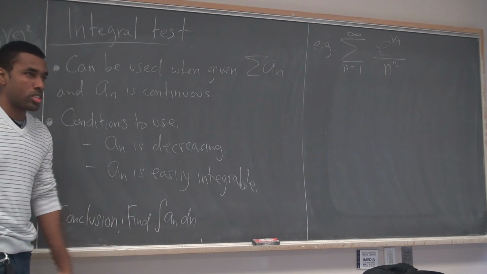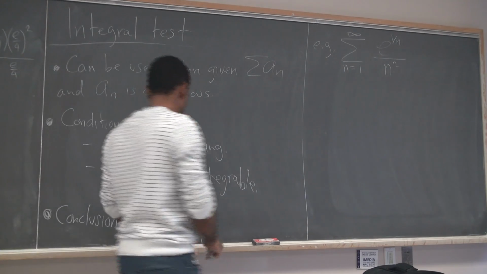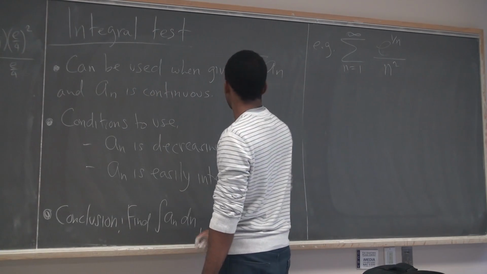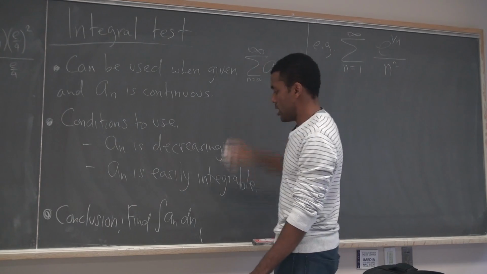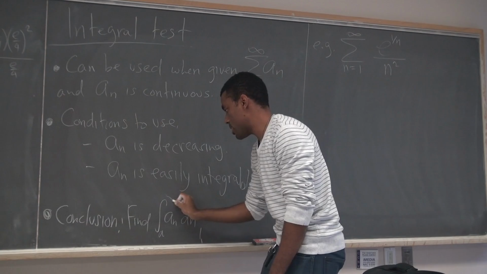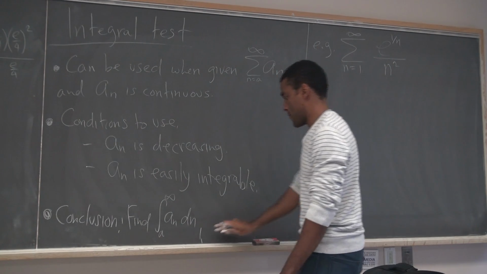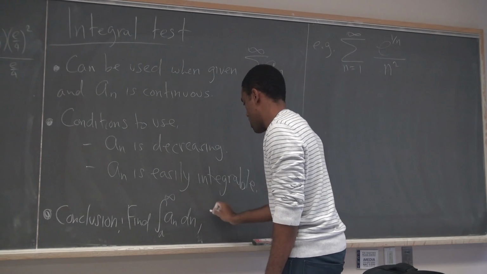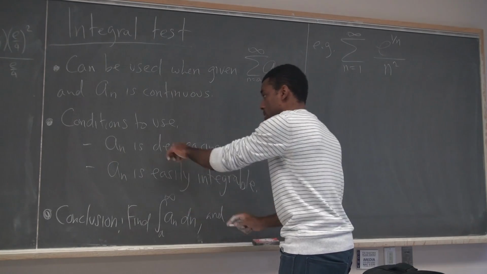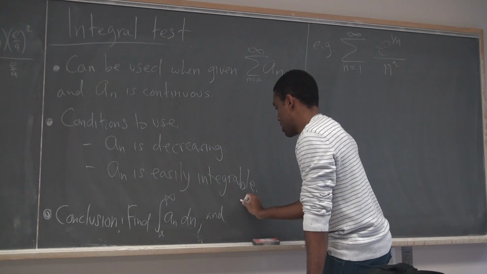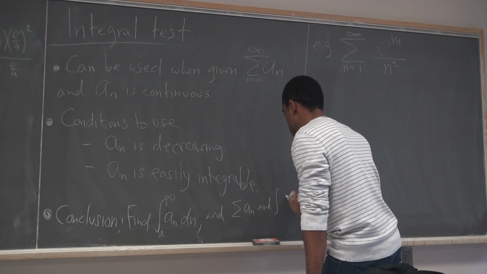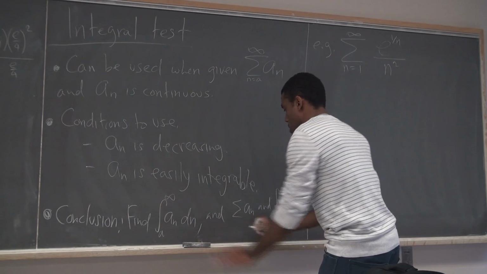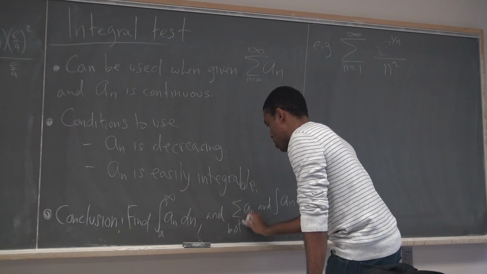You're just going to find the integral, and it has to be over the same range. So if this is n equals a up to infinity, this integral would have to be from a to infinity. And given these two conditions, the series of a_n and the integral of a_n both converge together or both diverge.